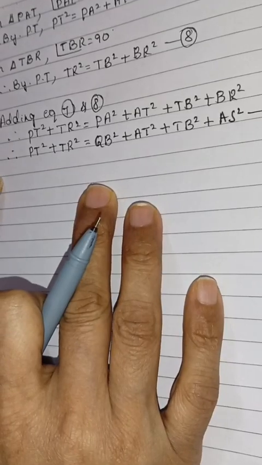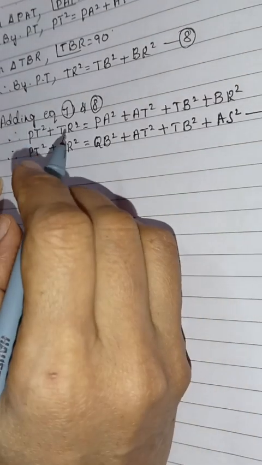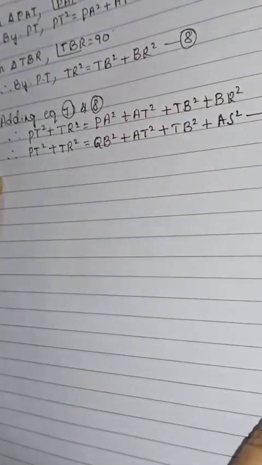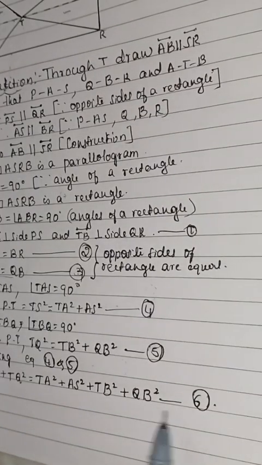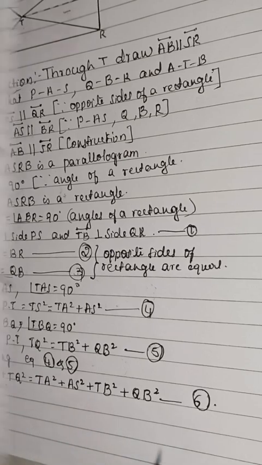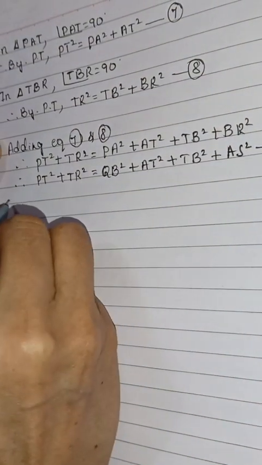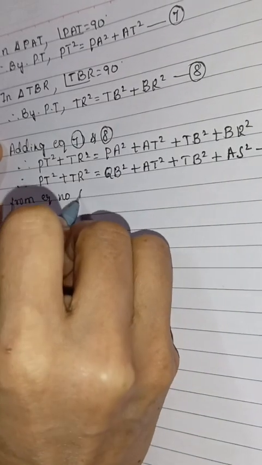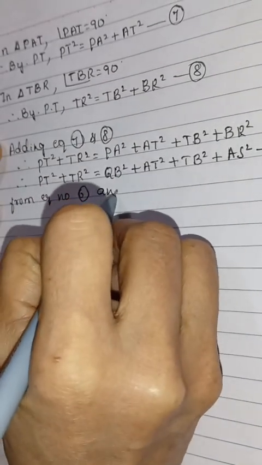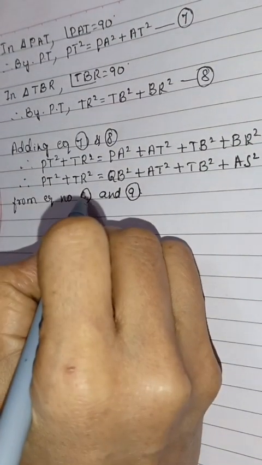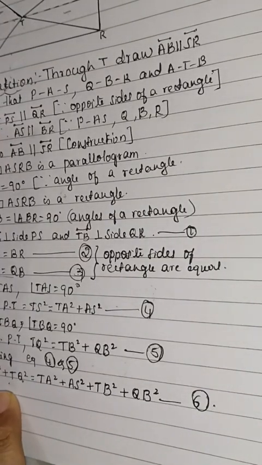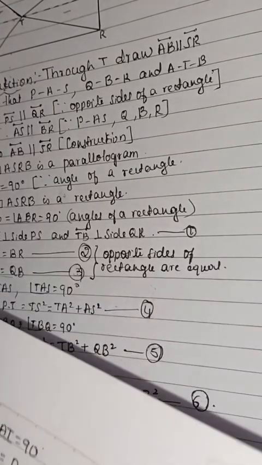Now this is equation number 9. Now from equation number 6 and 9. See, 6 is TS square plus TQ square.